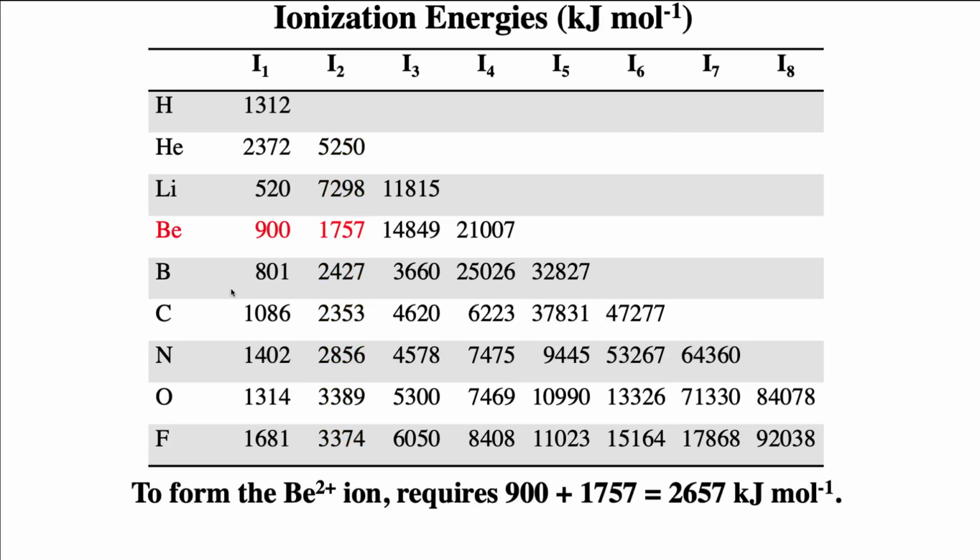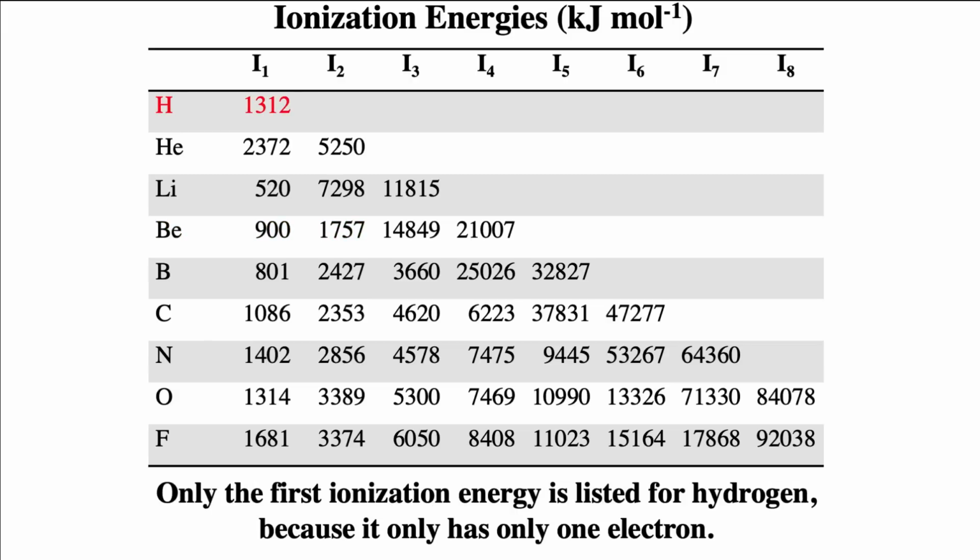If you look at beryllium, it often forms a beryllium +2 ion. And so you have to remove the first electron and the second electron. To form the beryllium +2 ion in the gas phase would take 2,657 kilojoules per mole. Now hydrogen only has one ionization energy because it has only one electron.